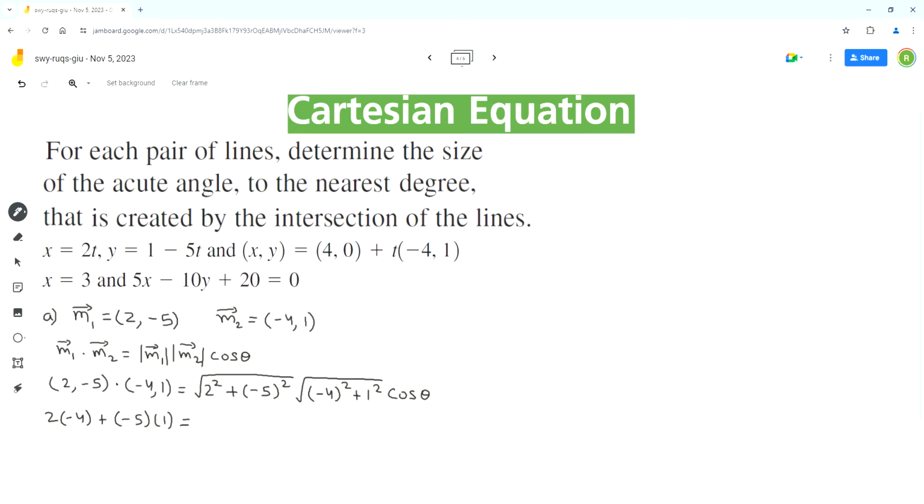For the dot product, we multiply the x components and y components. On the right side, we can square the terms under the square root and add them. So 2 squared is 4, -5 squared is 25, and 4 plus 25 is 29. Under the other square root, -4 squared is 16, and 16 plus 1 squared is 17.